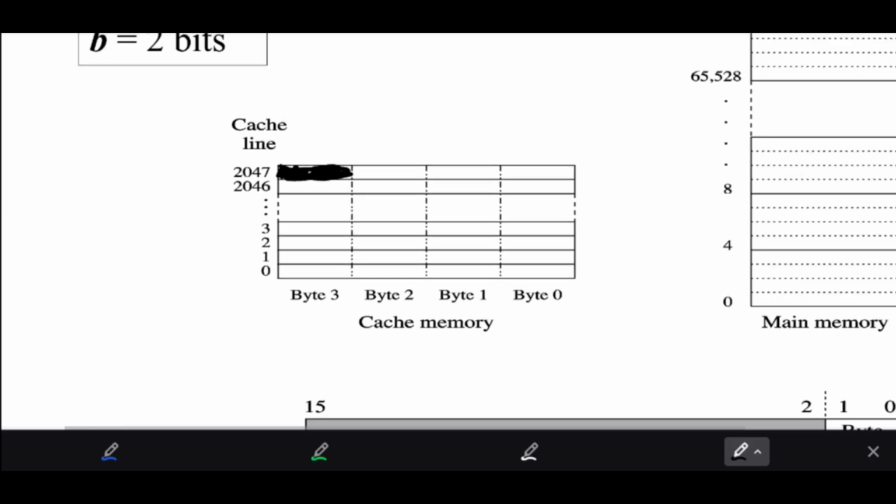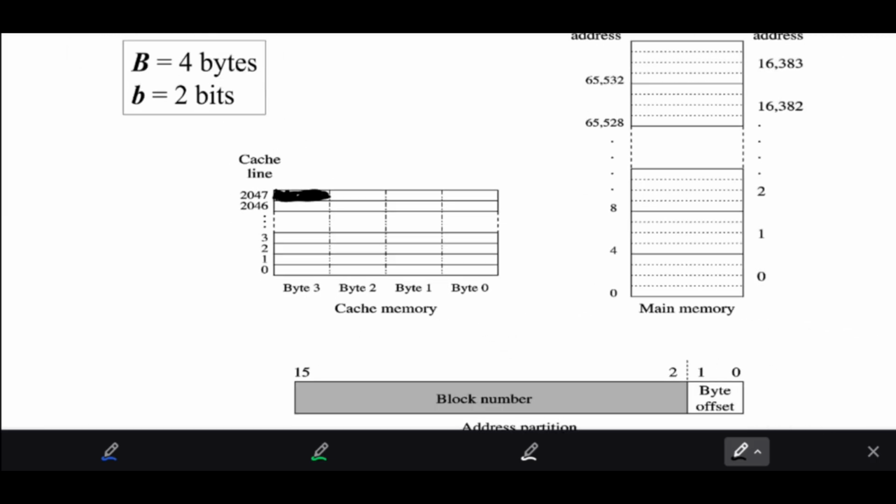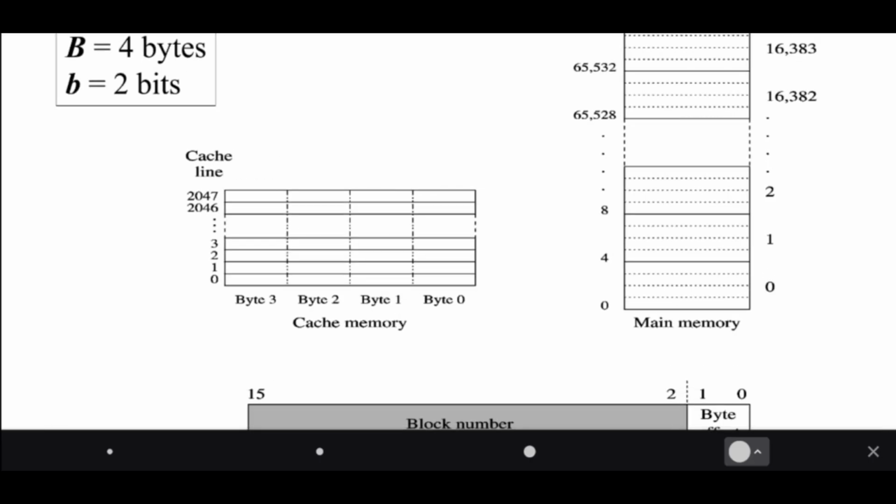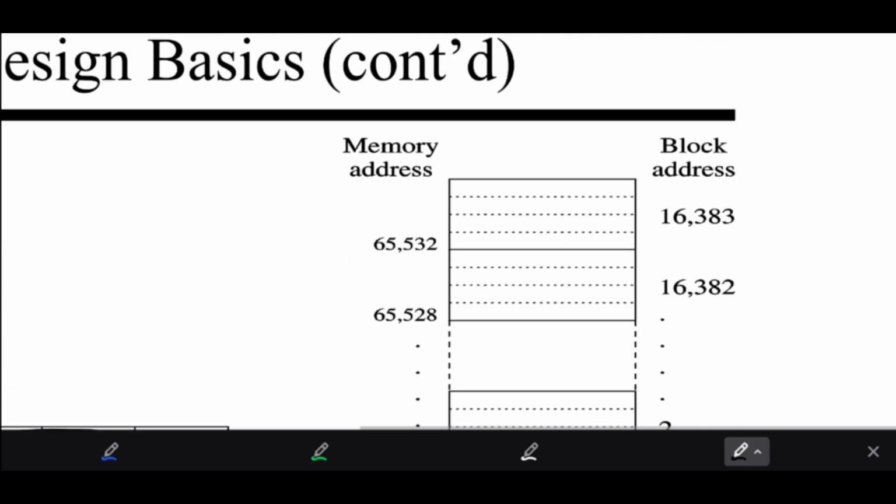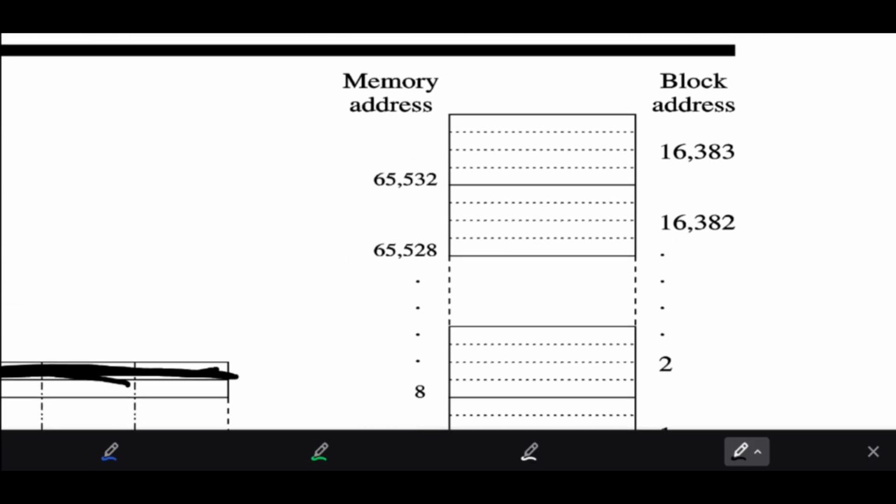Then what is a cache line? The cache line is the same as one memory block, if there is no partitioning inside the block.